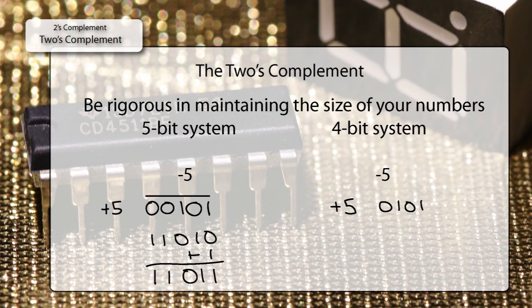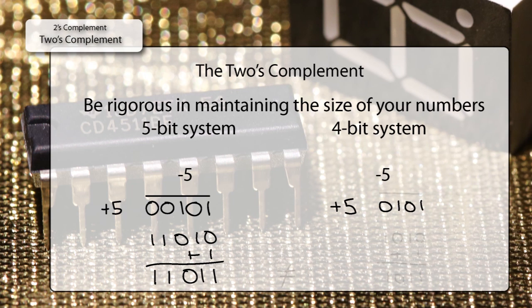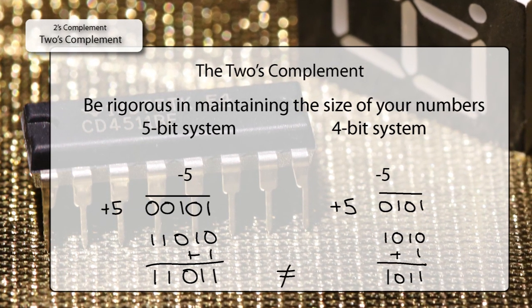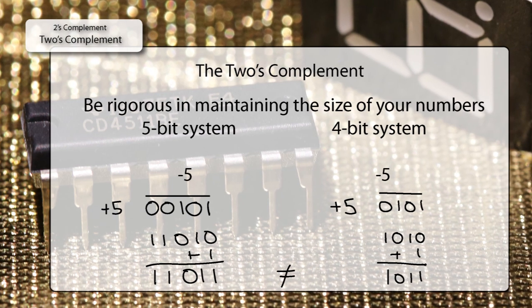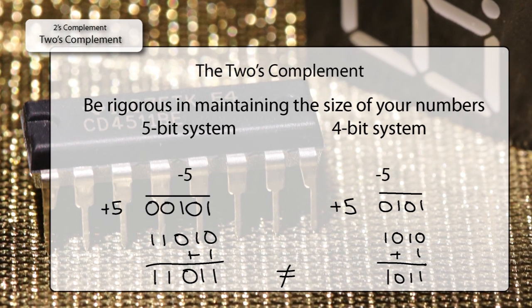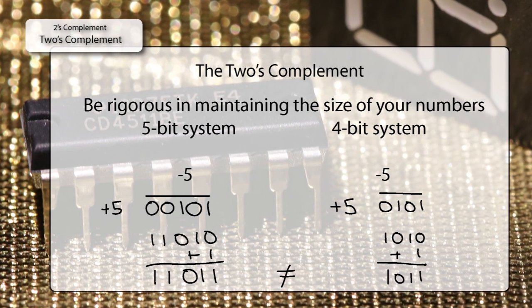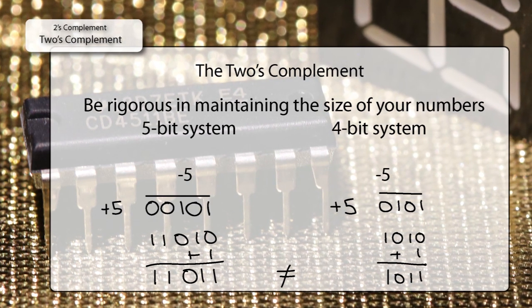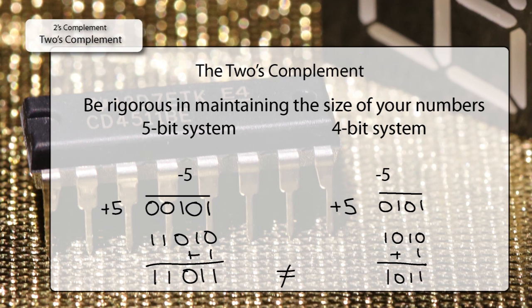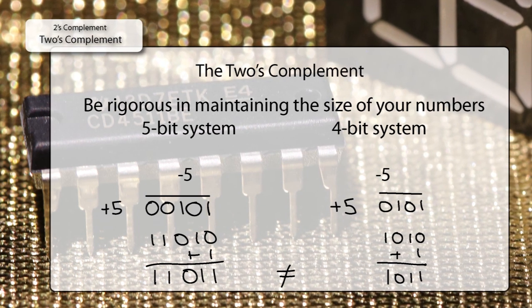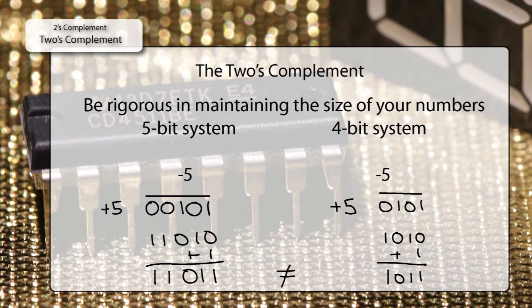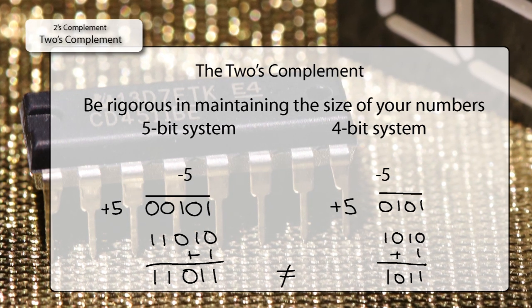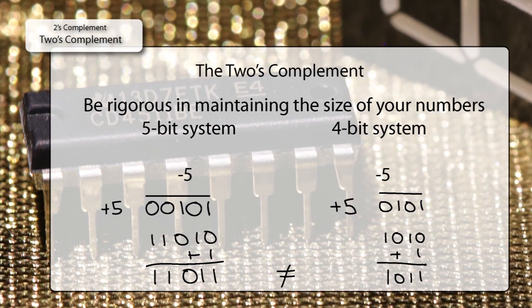Whereas decimal minus 5 on a 4-bit system is 0, 1, 0, 1, so there's 1 less leading 0, inverted to 1, 0, 1, 0, plus 1, which gives us 1, 0, 1, 1. So while plus 5 will be the same, 0, 0, 1, 0, 1 and 0, 1, 0, 1, if you ignore the leading zeros, you should not leave them out, as it'll cause serious confusion when representing the negative values.